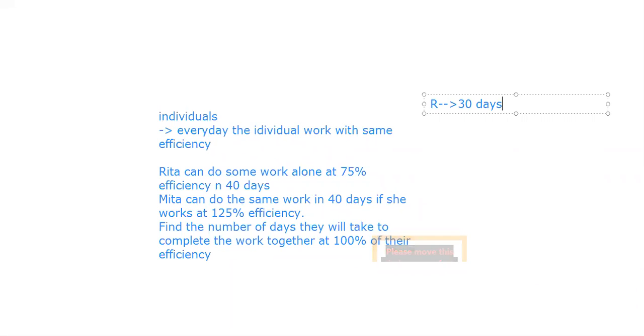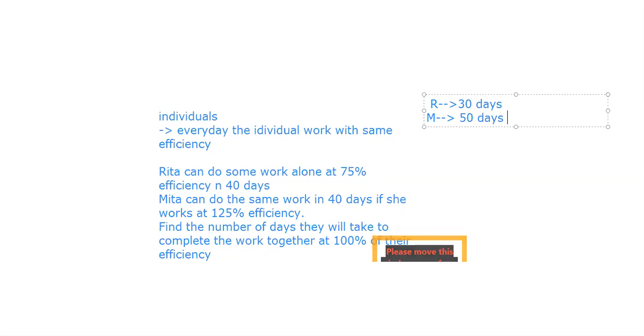Because if efficiency is 75 and 100, 3 is to 4 is the ratio, then 4 is to 3 should be the ratio of completion of days. So Rita can complete in 30 days. So this girl can complete in 50 days, correct or not?